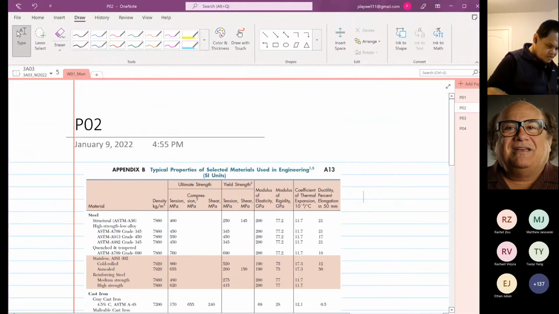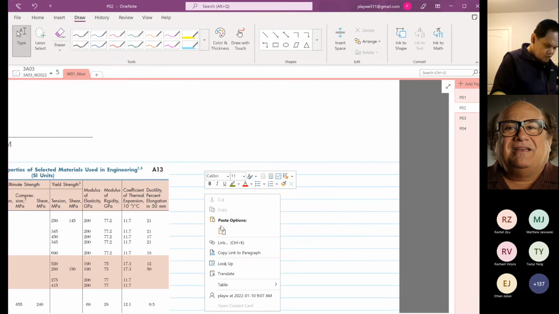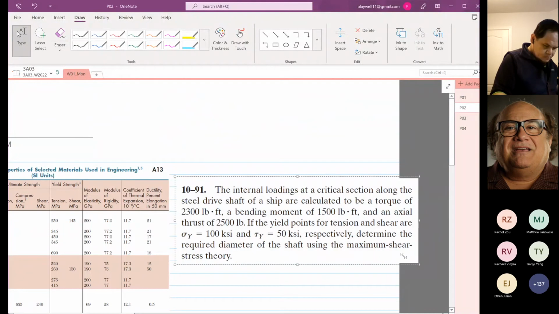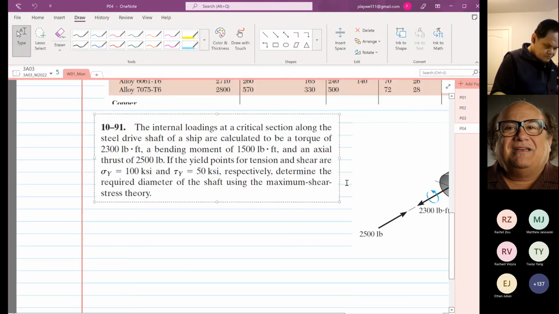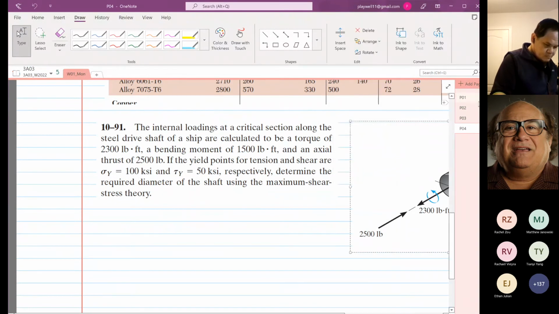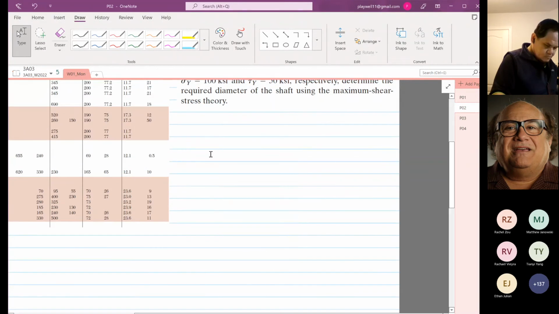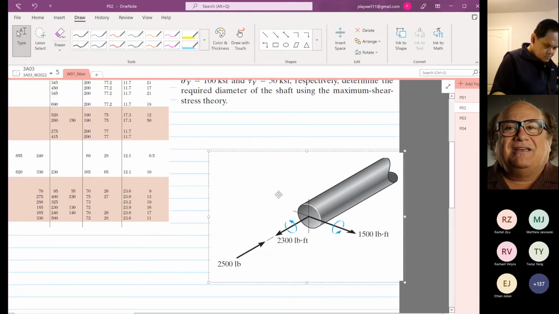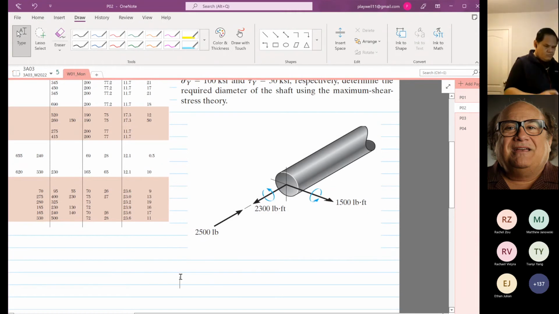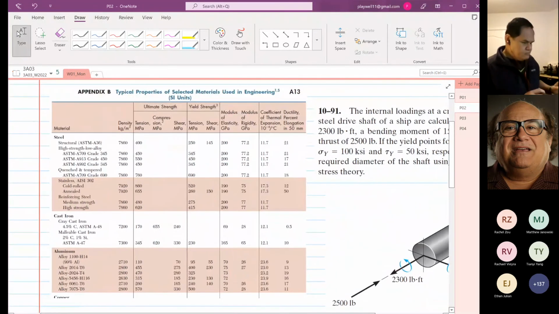You also have this example in your learning site. So this is the example. This is the structure. Let's look at this table first.